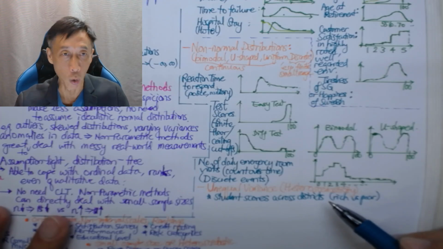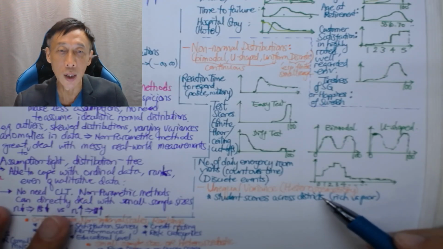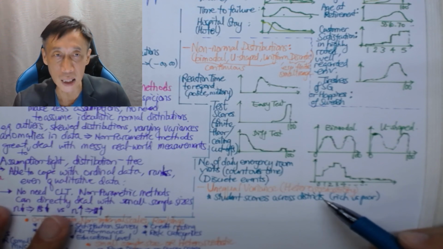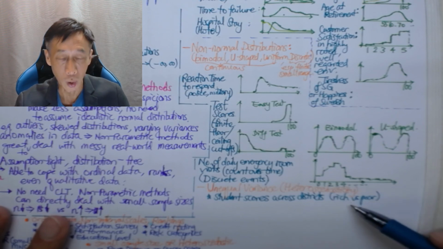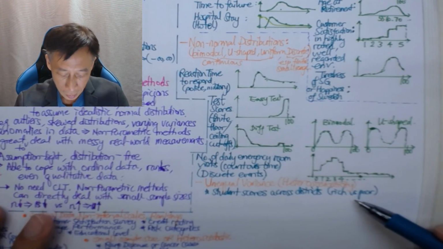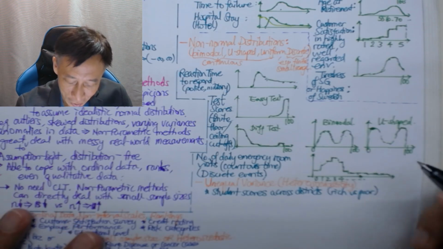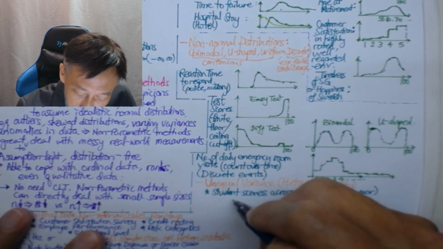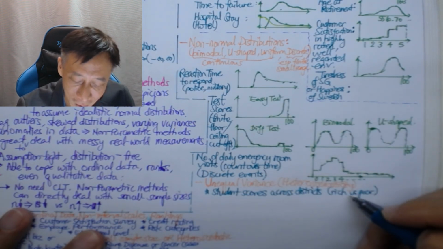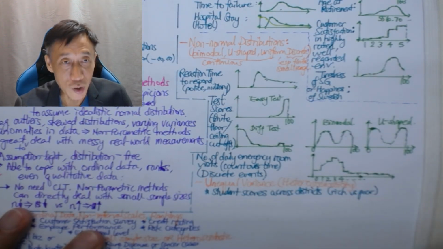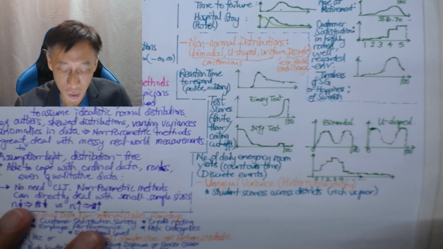Of course, you can always quote me counter examples. Not all rich parents will do that. Yeah, true, right? We're talking about statistically, one can expect that to be so. Okay, and also, in a very interesting way, we will expect the rich and the poor to have different ability to support the students.